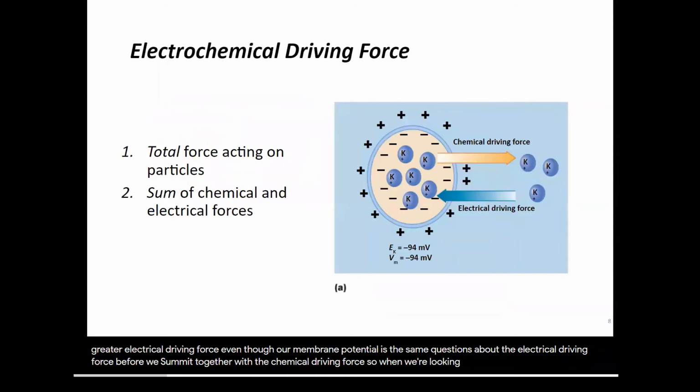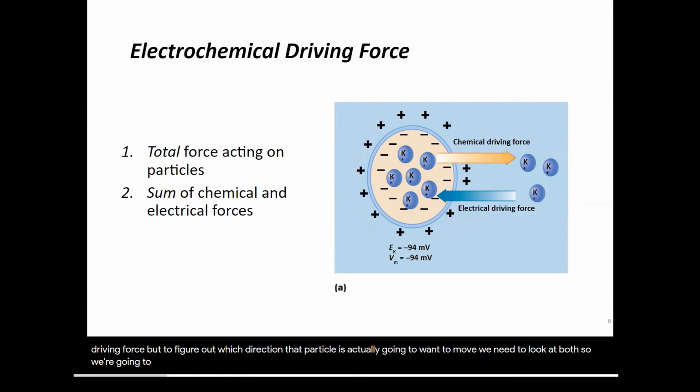When we're looking at the electrochemical driving force, we're looking at the total force on a particle. We can track its chemical gradient, and we can track the electrical driving force. But to figure out which direction that particle is actually going to want to move, we need to look at both.